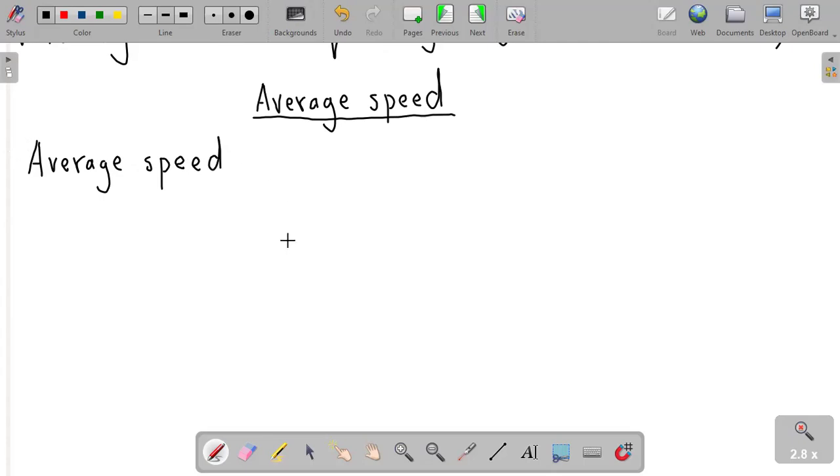It's not just about the formula, but the definition is also important.